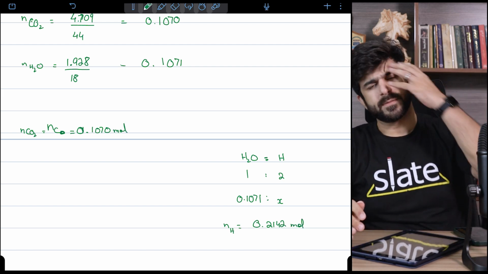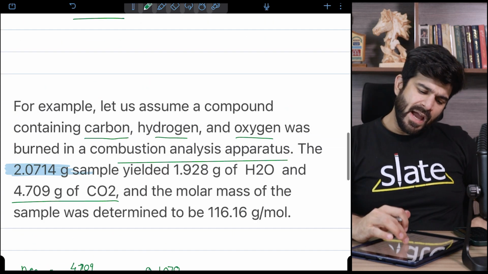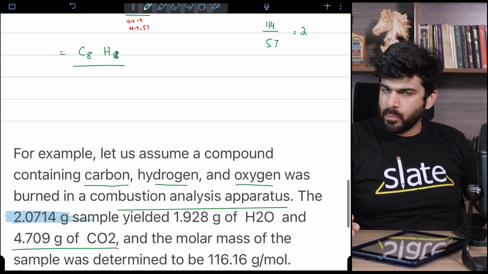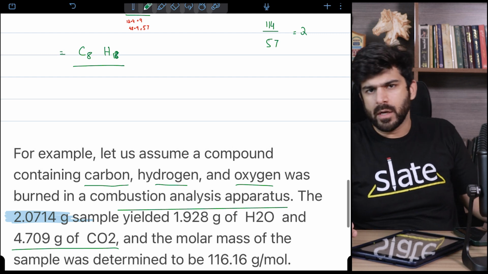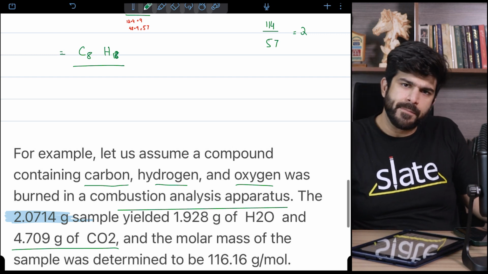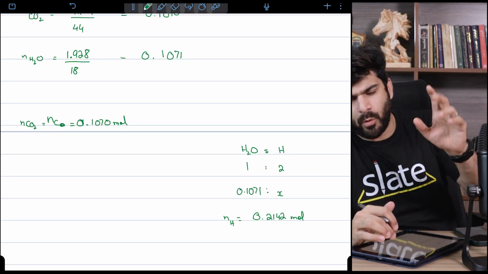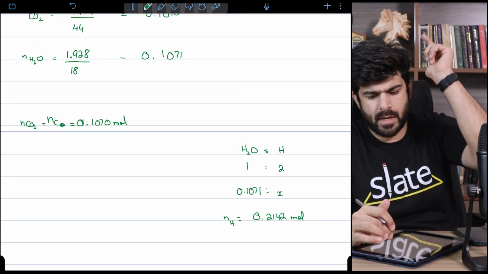Now what to do next? We have the mass of the whole compound, but we cannot calculate the moles of the compound because we don't know its formula. We don't know how many oxygens there can be. So what do we do? We have the moles of both carbon and hydrogen.